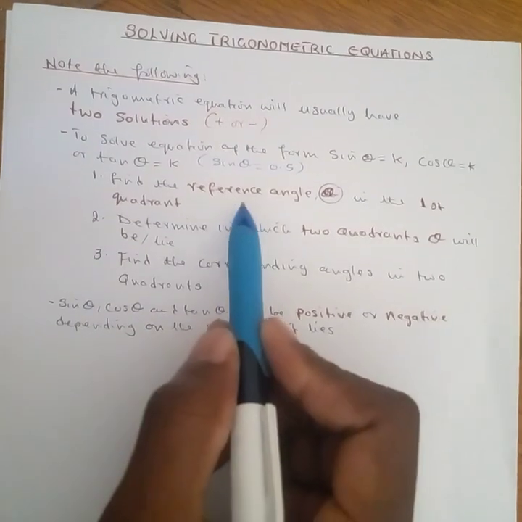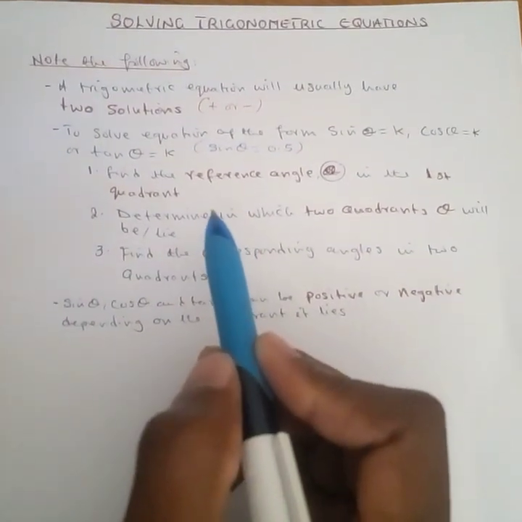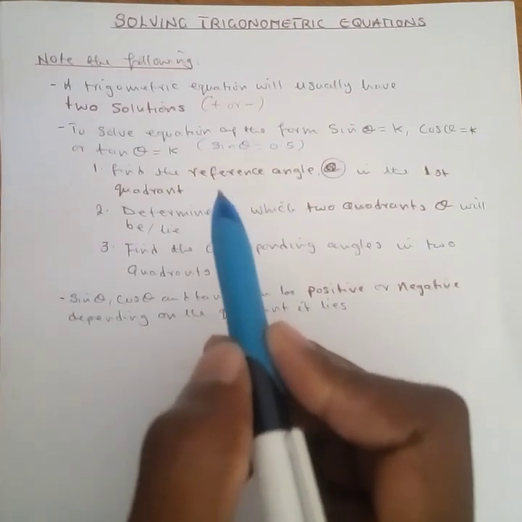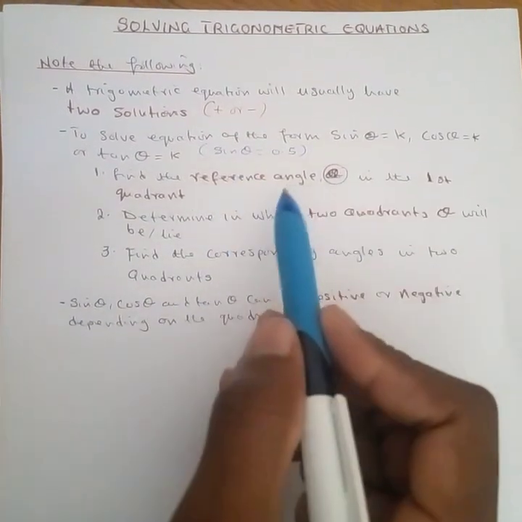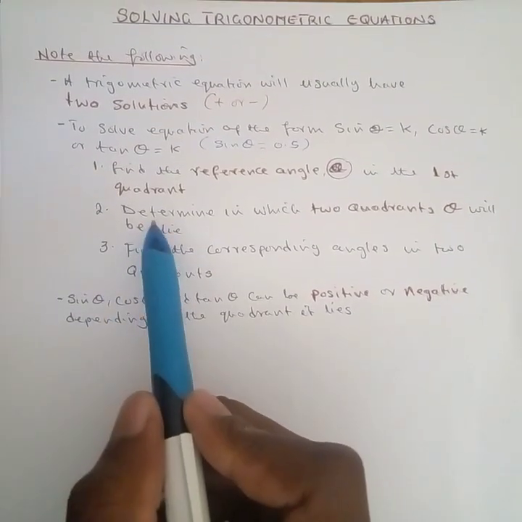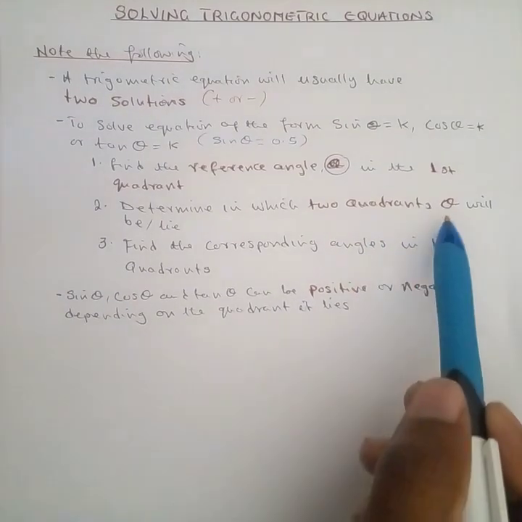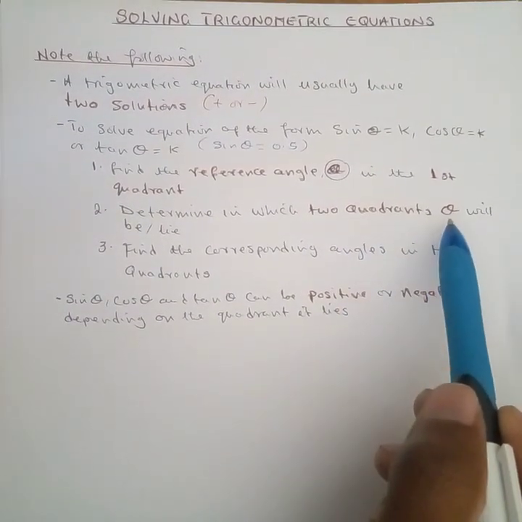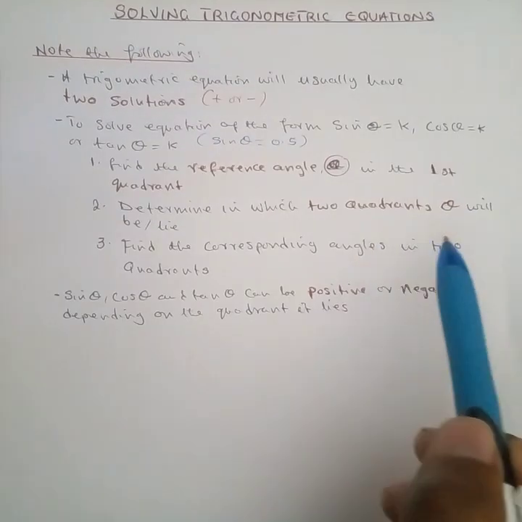If you don't know how to find the reference angle, you have to watch the previous videos that I made on how to find the reference angle, so that solving the equation can be easy for you. The second step: you need to determine in which two quadrants theta will lie.